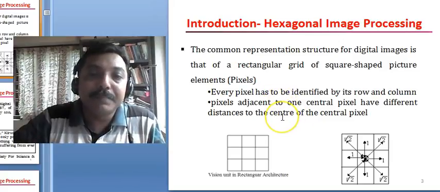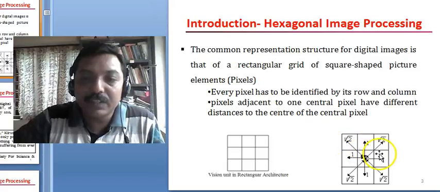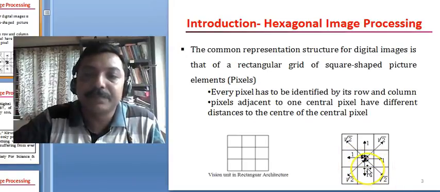Also, the pixels adjacent to a center pixel have different distances to the center pixel. Here you can see in this figure, the distance from the center of the center pixel to the center of each corner pixel is represented as root 2, provided the distance from the center of the center pixel to the center of the other neighbors is taken as unit 1.